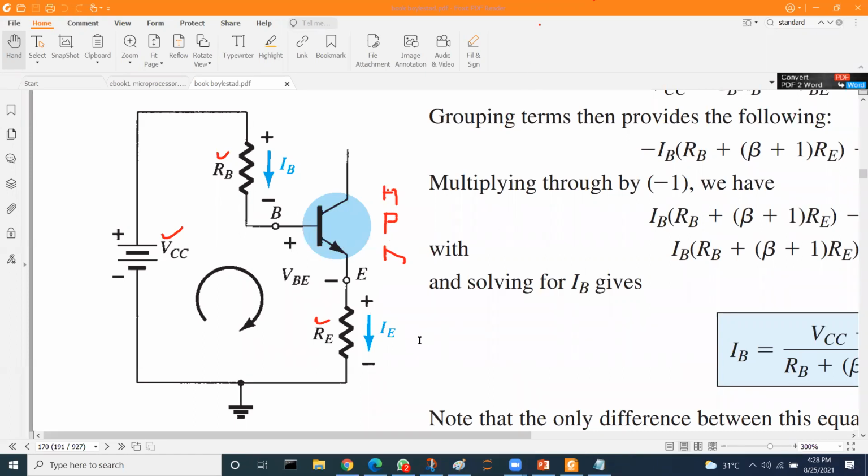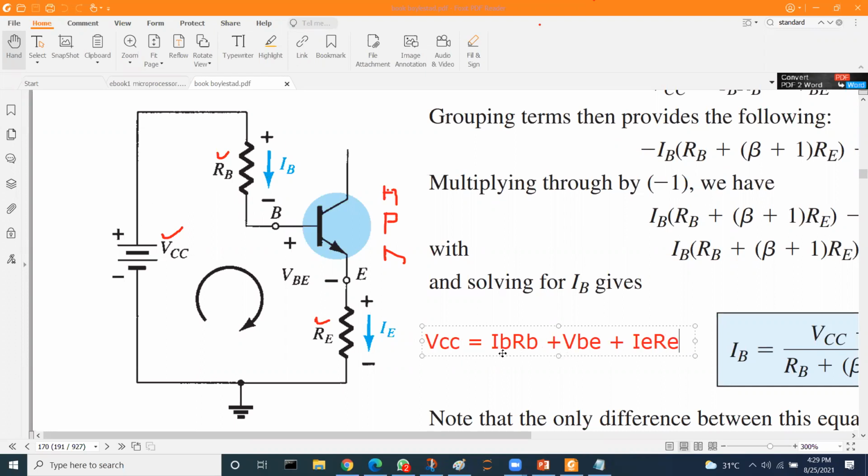So if we write down here Kirchhoff's voltage law, VCC is divided as IBRB, plus VBE, plus IERE.